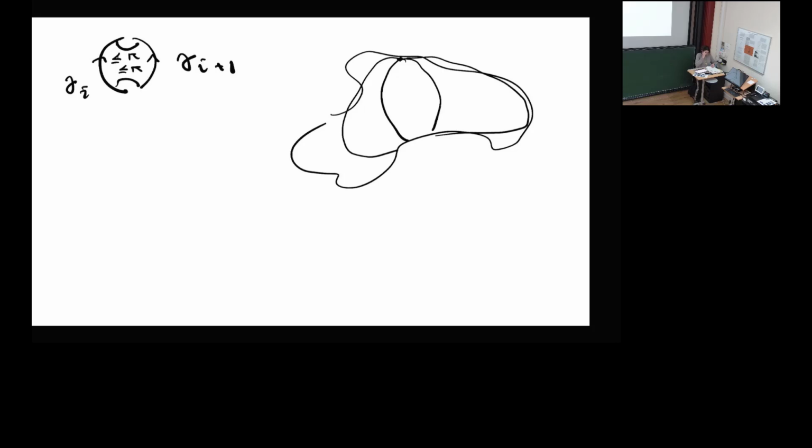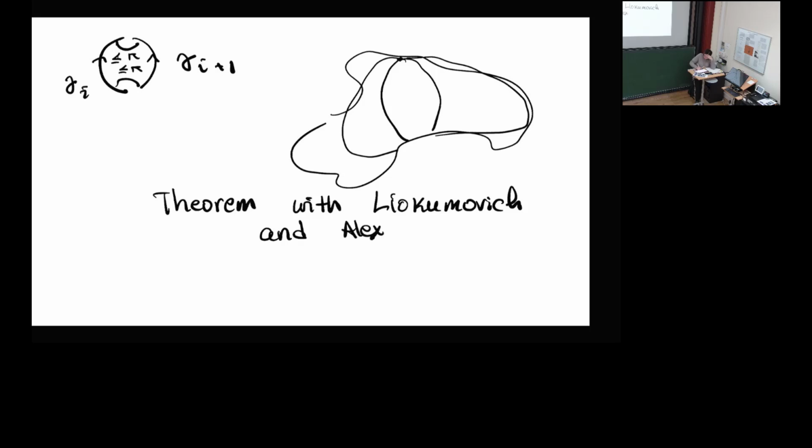If you want to use a diameter and area bound, we just use the theorem with Evgeny and Alex about constructing the boundary of the disk through curves of lengths bounded through area and diameter.